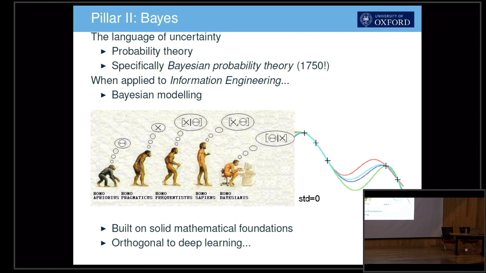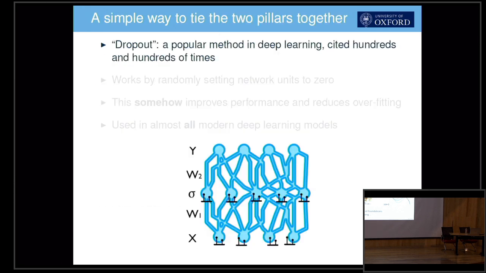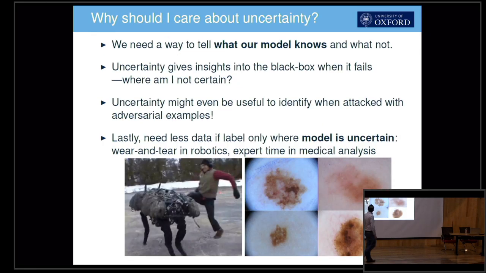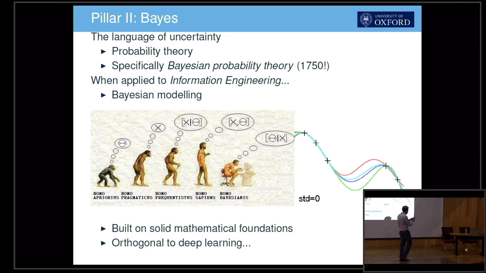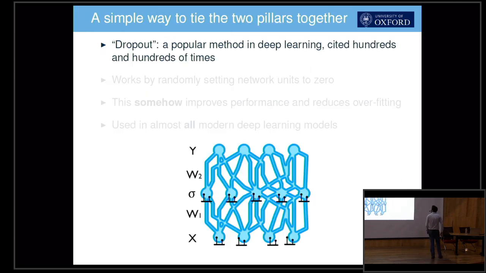So Bayesian modeling is built on solid mathematical foundations, but it's perceived as fairly orthogonal to deep learning. So I'm going to give you a very simple way of tying these two things together. There are a billion different ways to do that by now.